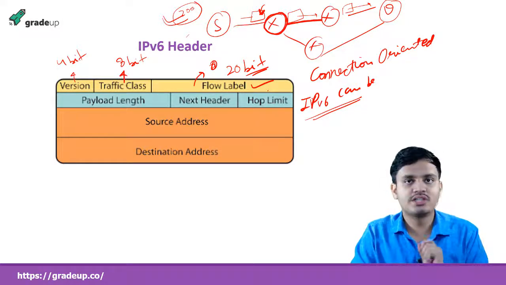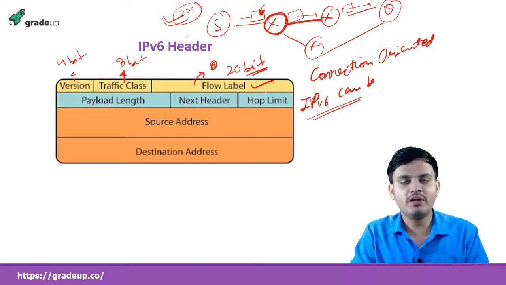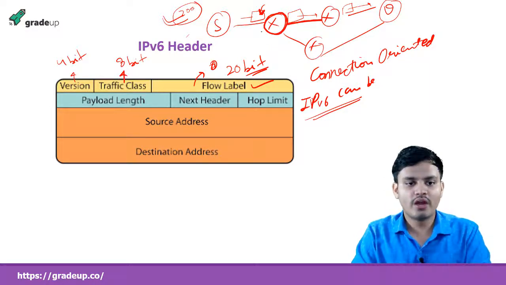If we are not using the flow label field, it becomes connectionless, and every packet will be a completely new packet for a router. It will not distinguish it as a special packet. So when we use the flow label, it is connection oriented, and when we are not using it, it is connectionless. So that is a great difference. This field makes a great difference, because with connection orientation you get higher priority for a packet and many more things.